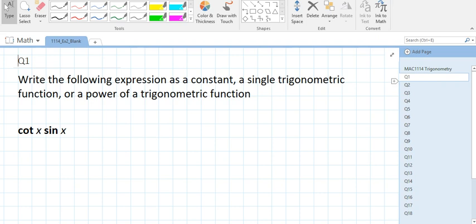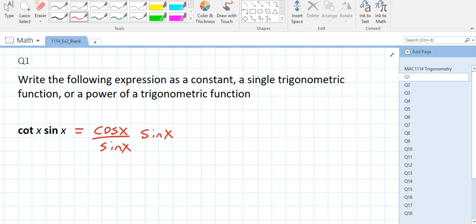You can see on this, it's also multiple choice for this question, I believe. Yes? No. Joking. So you're filling in the blank, but some of the other ones will be multiple choice. So you said change cotangent to what over what? Cosine over sine. And then we still have sine x over here, correct?